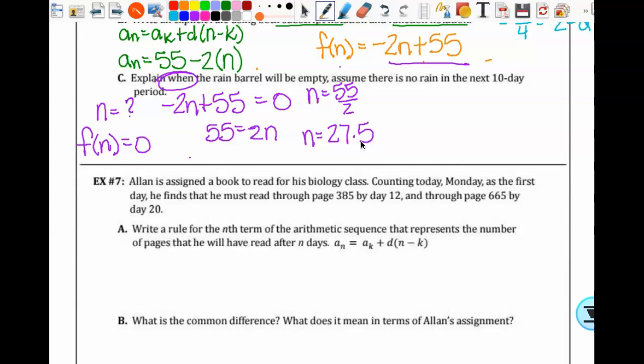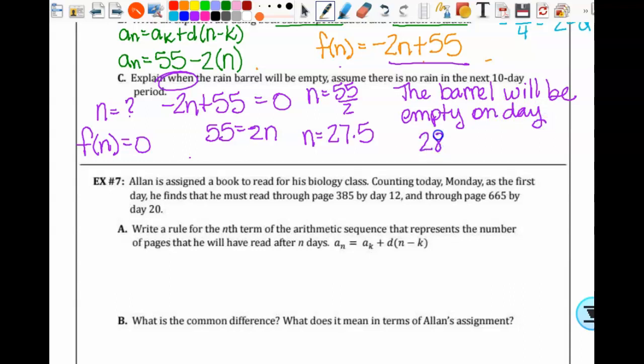No. During day 27 is when it empties, right? And even though you can't have half a person, you can have half a day, we're talking about sequences here. We're really using the whole numbers as our input, so we need to talk in whole days. So when it's asking when is it going to be empty, basically the first day it's going to be empty, we can say the barrel will be empty on day 28.